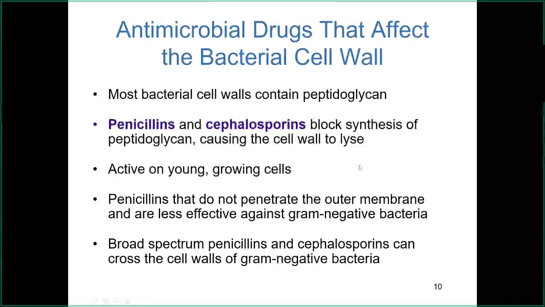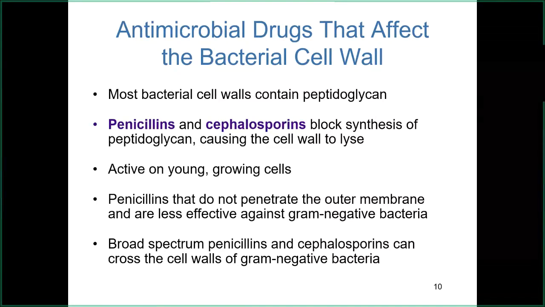So the drugs that mainly do that are the penicillins and the cephalosporins. They can block the synthesis specifically of the peptidoglycan. So when we say they disrupt cell wall synthesis, what we mean is they're disrupting the synthesis of the peptidoglycan.